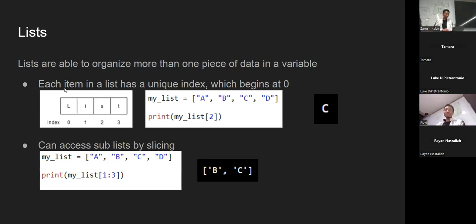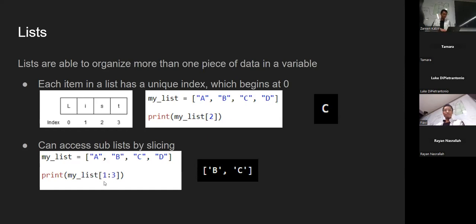So to start off, lists are able to organize more than one piece of data in a variable. An important thing to remember is that Python uses zero indexing, which means the index of the first element is 0. So for example, if you printed my list at index 2, it would give you C because it starts at 0, 1, 2. You can also access sublists, which is just a smaller list within a list, by slicing, and you can put in 2 numbers.